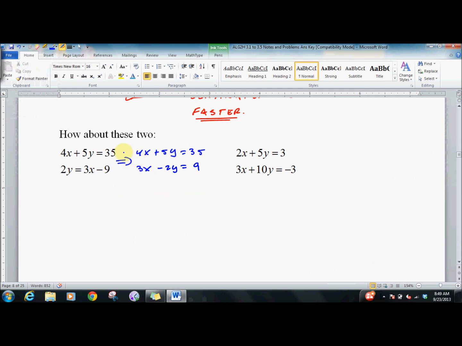In this case, I'm going to multiply the top by -3 and the bottom by 4. That way, when I add down, these will eliminate.